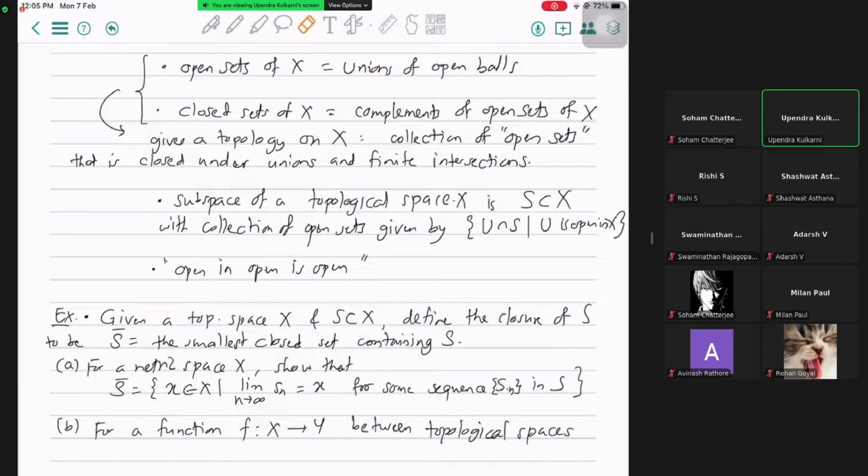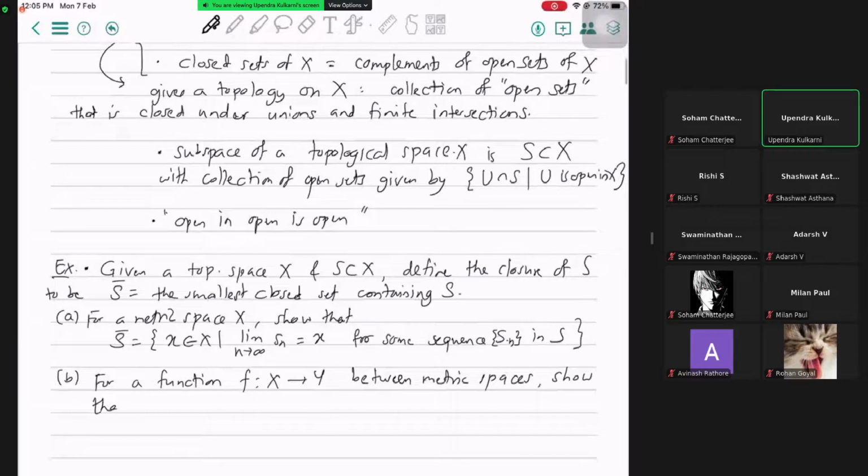Okay, so let me just set up the exercise and then we will begin with our class development. So show the equivalence of the following conditions.